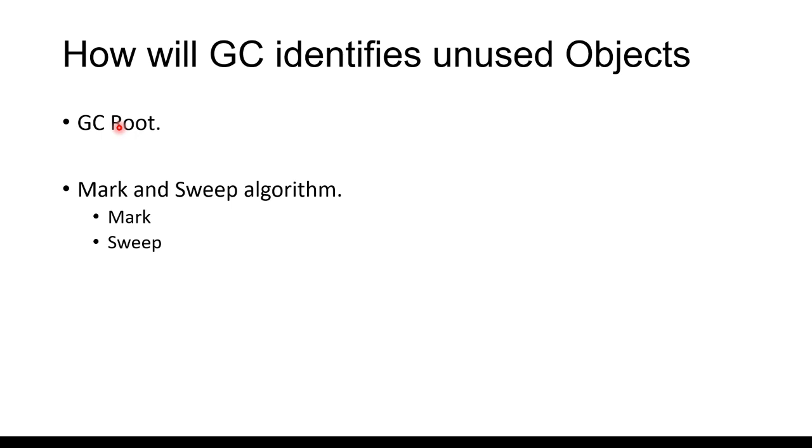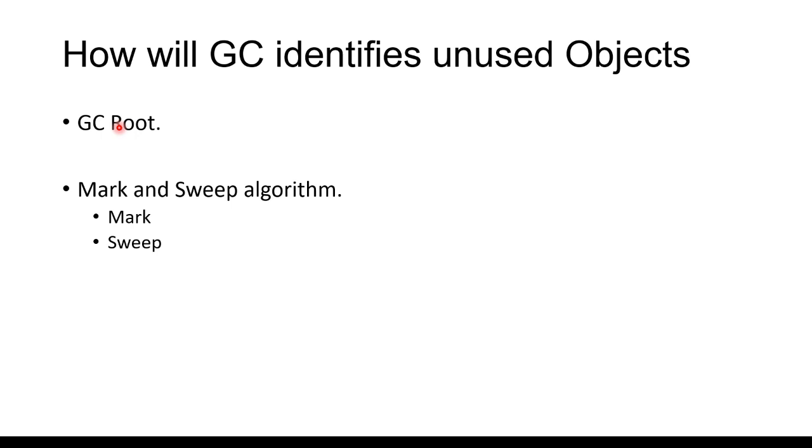All other objects which are not reachable through this GC root are defined as unused objects, and those unreachable objects are eligible for GC, garbage collection.